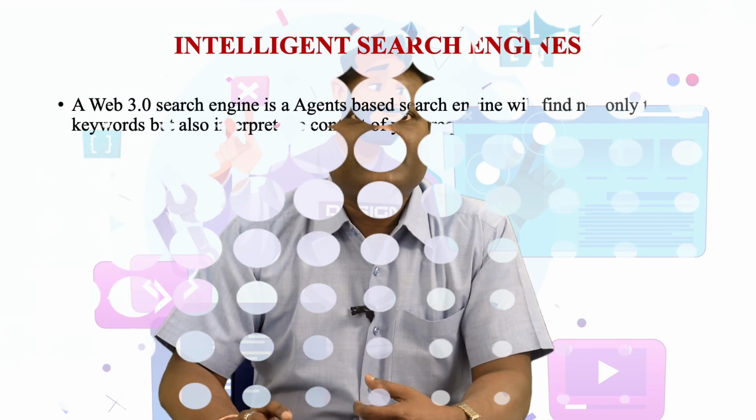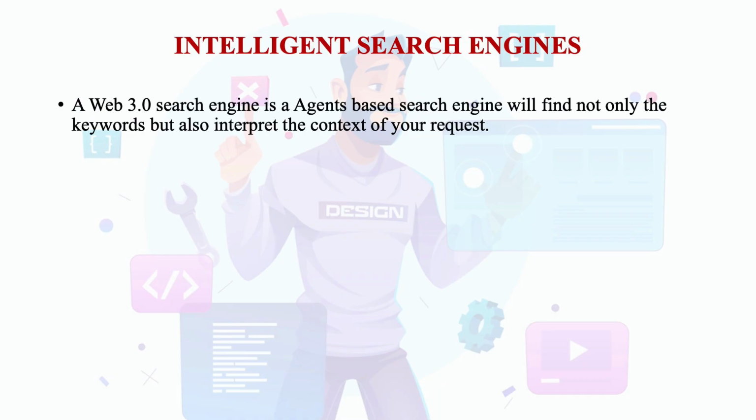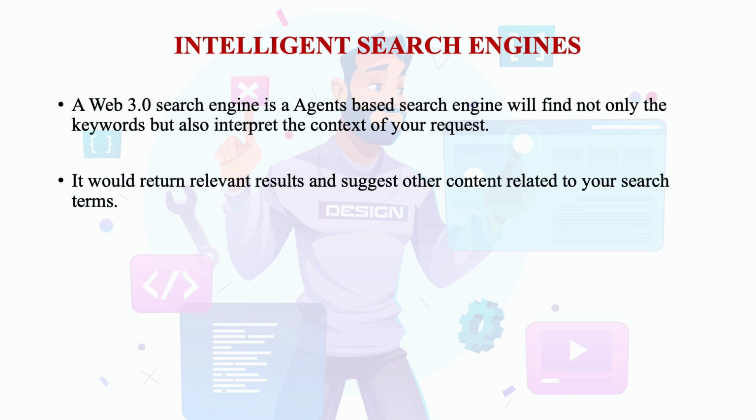There are intelligent search engines which are coming up. A Web 3.0 search engine is an agent based search engine which will not only find out the keywords but also interpret the context of your request. It would return relevant results and suggest other content related to your search terms.